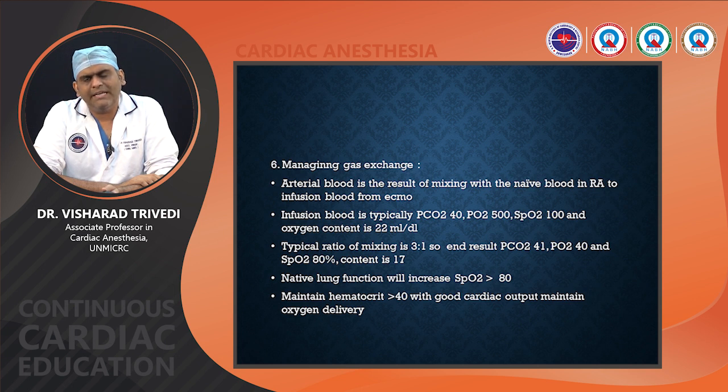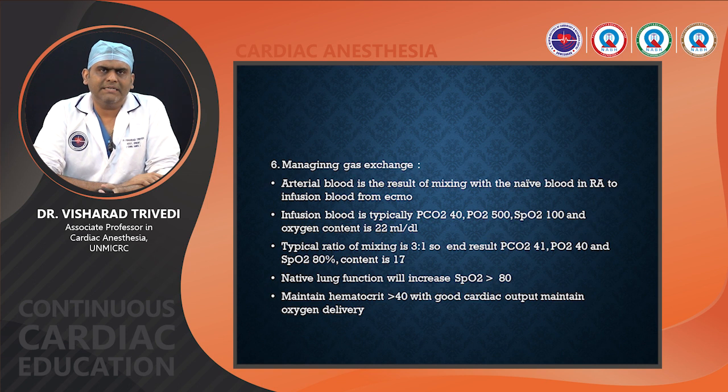The ratio of mixing between the returning blood from the ECMO and the systemic venous return is around 3:1. So what you are getting from the RA to the right ventricle is an oxygen content of 17 ml per deciliter.